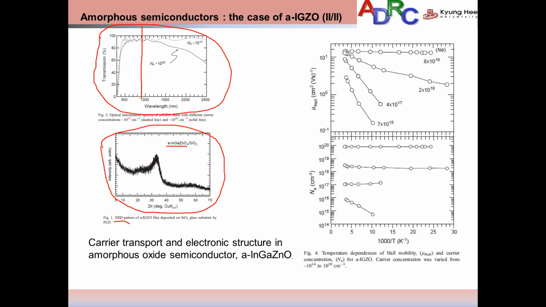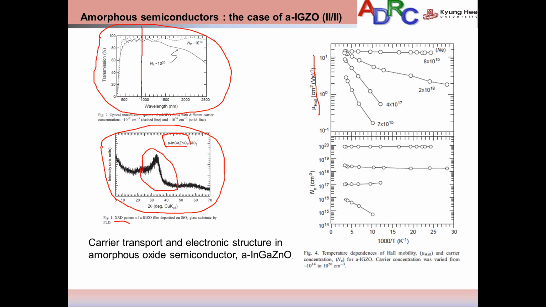No peak means that there is no crystal phase. This small shoulder is just maybe related to the glass, so it's not depending on the IGO.